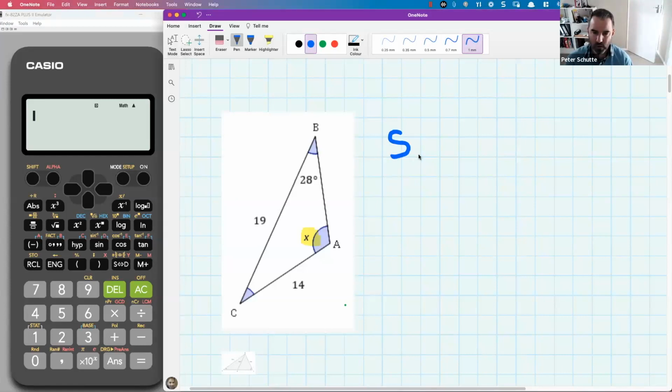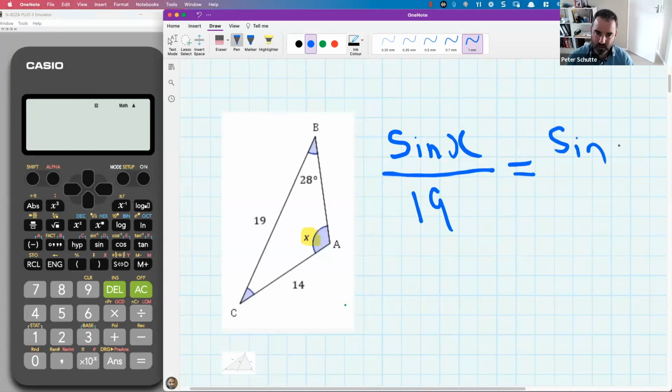Okay, so we're going to say sine x over 19 is equal to sine B. B is 28, so we'll go sine 28 over 14.